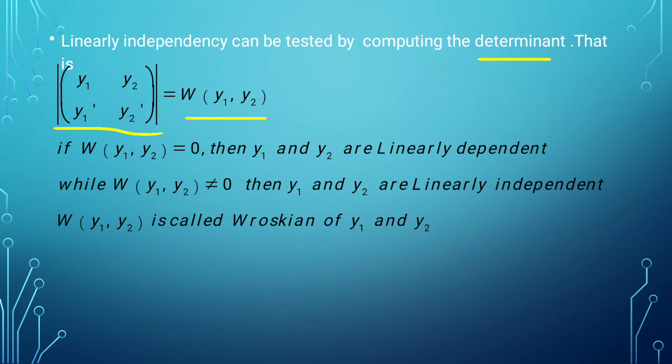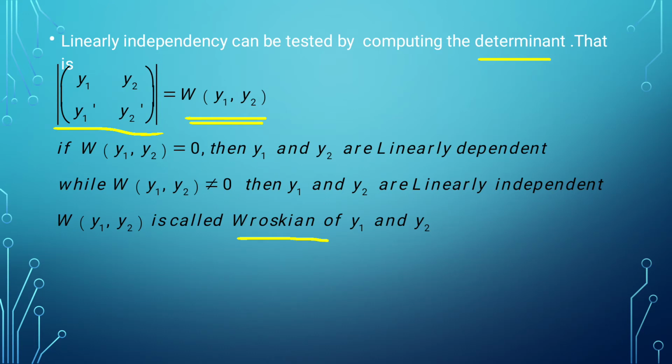In short, we write that determinant as W, a function of y1 and y2. This function of y1 and y2, we call it the Wronskian. So it's the Wronskian of y1 and y2.